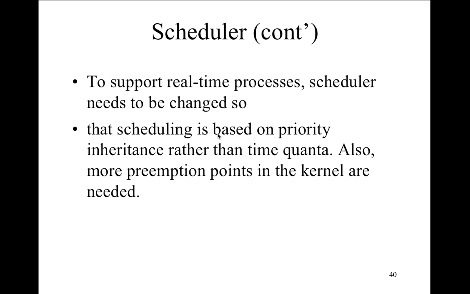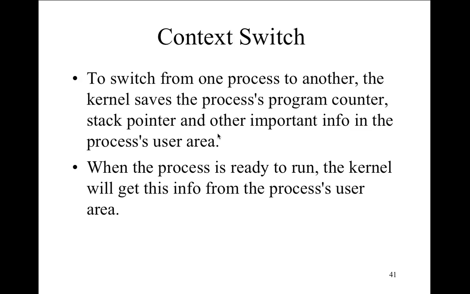Because what are we doing? When we double click on an icon to open up Word, we want it to open. So if it opens quickly, oh wow, nice user experience. Opens slowly, well, not so nice. Also, more preemptive points for the kernel are needed for real-time processing. Real-time processing is taking events that are coming in and processing them immediately.